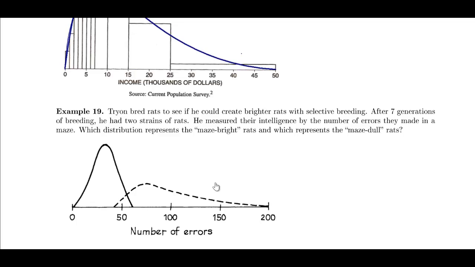So this graph seems to have less errors. So this would be the maze bright. Whereas this graph, which they differentiated with the dashed lines, it has more errors overall, not all of them, but overall have more errors. So these would be the maze dull.